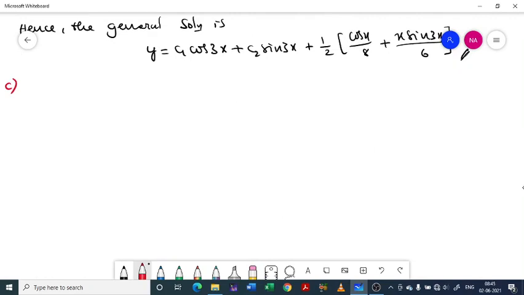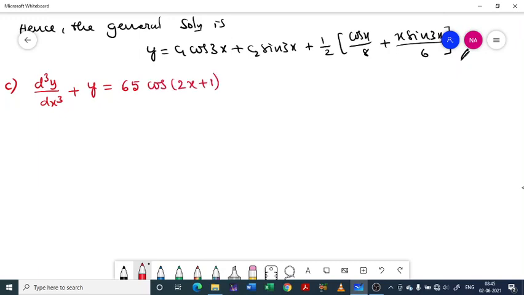So this one we will consider, problem C: d cube y by dx cube plus y equal to 65 cos of 2x plus 1.